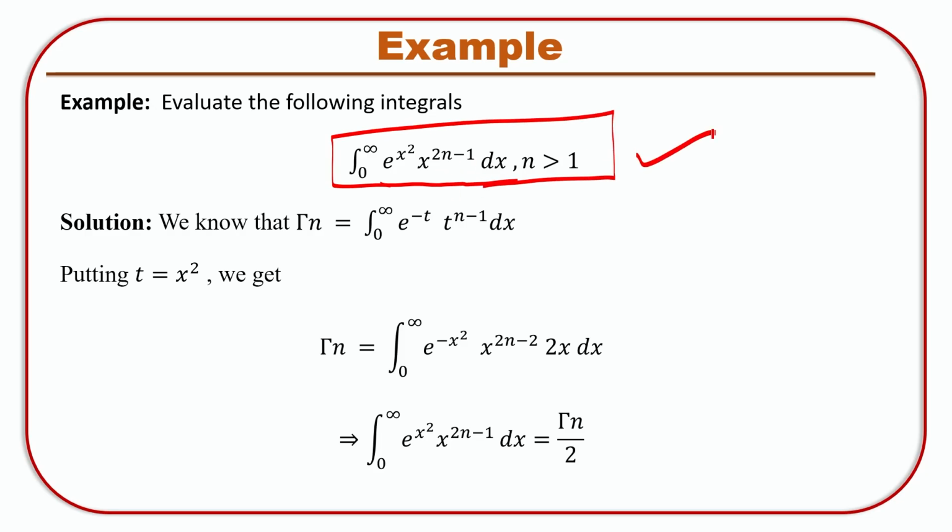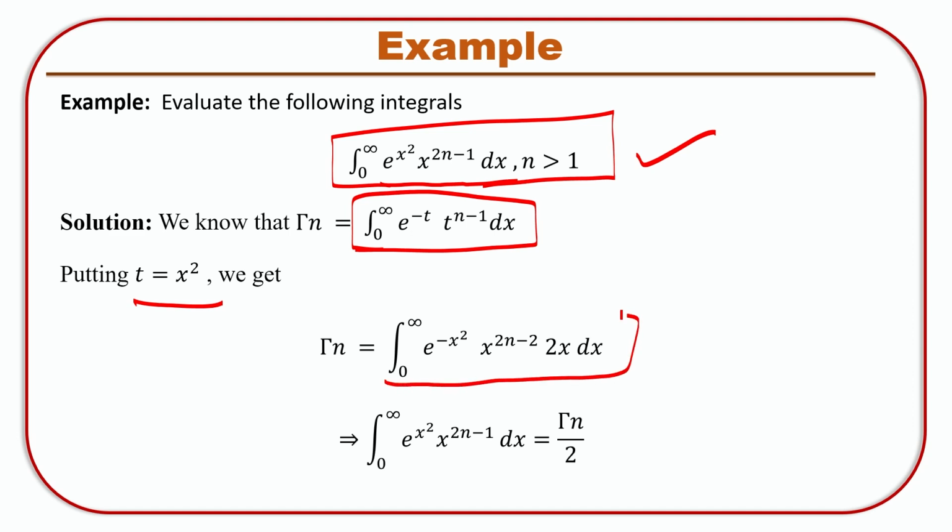So, we know that gamma n can be written as the integral of e to the power minus t, t to the power n minus 1, dt. Putting t equal to x square, it will become gamma n equal to 0 to infinity e to the power minus x square, x to the power 2n minus 2, into 2x dx, and doing the whole calculation it comes out as 0 to infinity e to the power minus x square, x to the power 2n minus 1, dx.